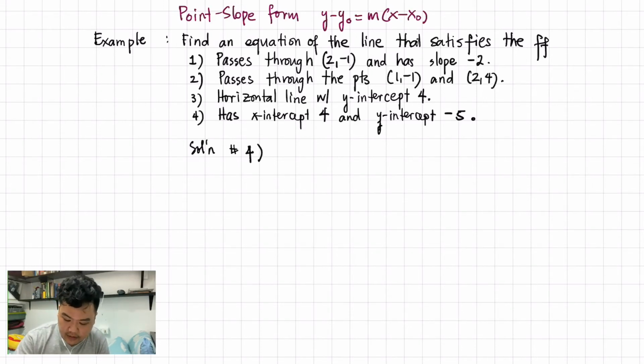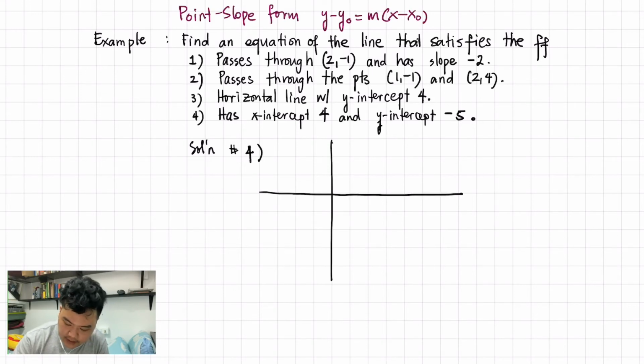So let us draw our line for visualization purposes. The x-intercept is 4. So 1, 2, 3, 4. So your line passes through this point. So that is 4. And y is negative 5.